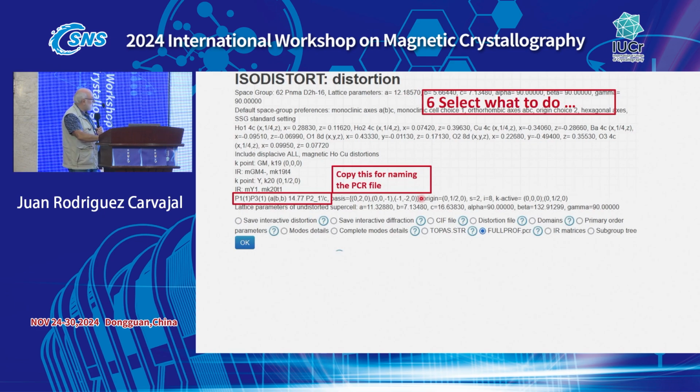I copy that because you have here all the information about what you are doing, because when you have to test many cases, you get lost completely because the download is called always fullprof.pcr. And then it's the same name. And then in order to save that with different tests, I recommend you to copy that. You will see. And then what to do?